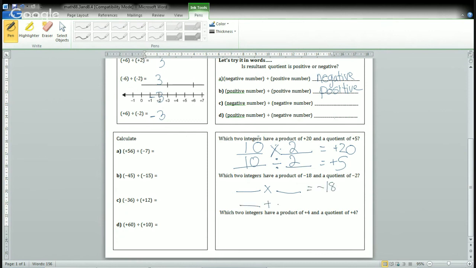Those same two numbers have to give me, it should be divided by, a quotient of negative 2. So now I know if my answer is negative, that means one's positive, one's negative. Same thing with division. One's positive, one's negative. All right, so I'll let you try those on your own, and then let's do some of the word problems on the back.